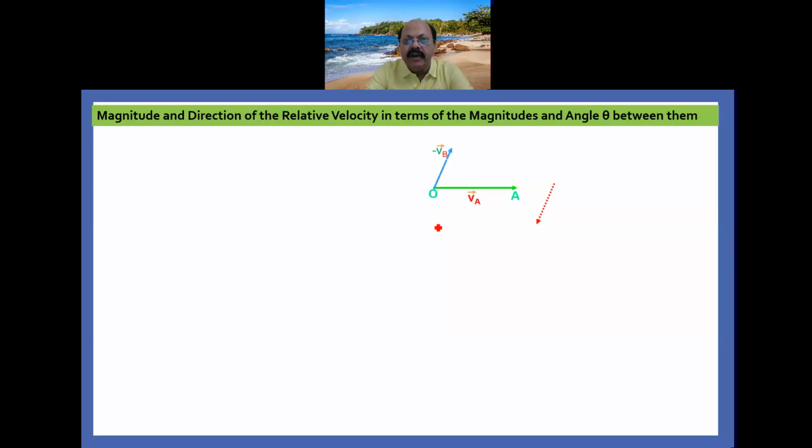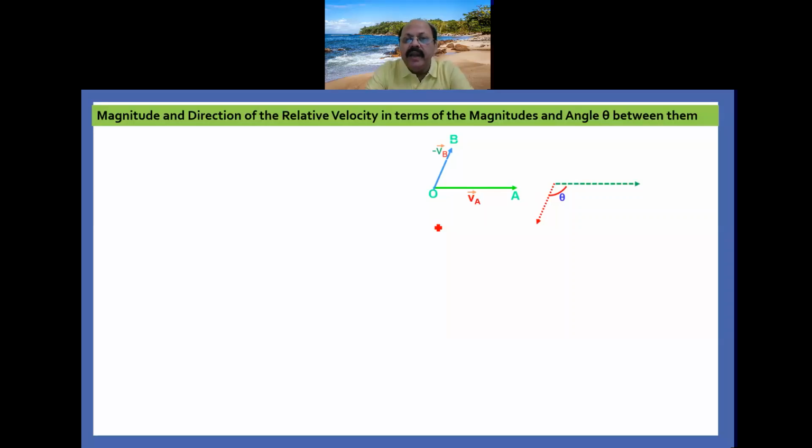Let us see how it happens. Now OA vector and OB vector are the two adjacent sides, which are represented by VA vector and minus VB vector. Initially, the angle between VA vector and VB vector is theta.